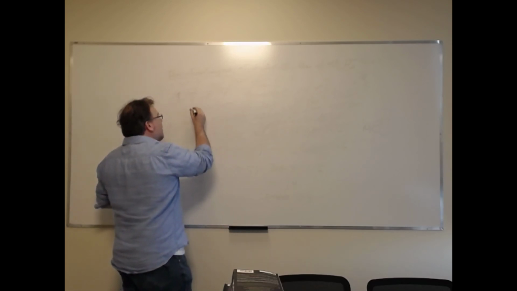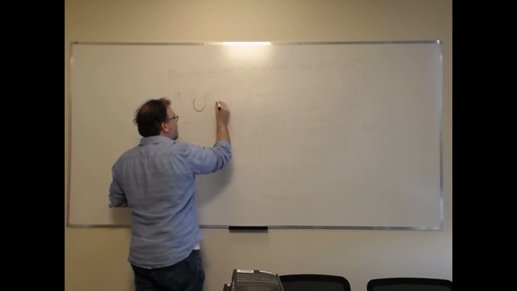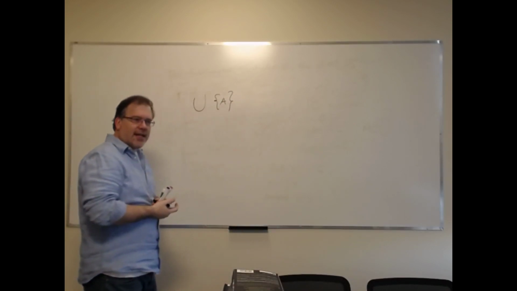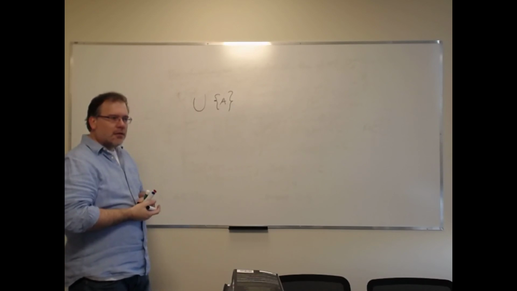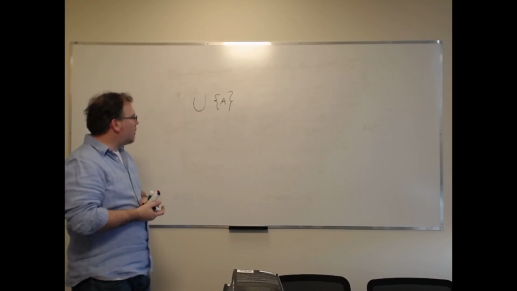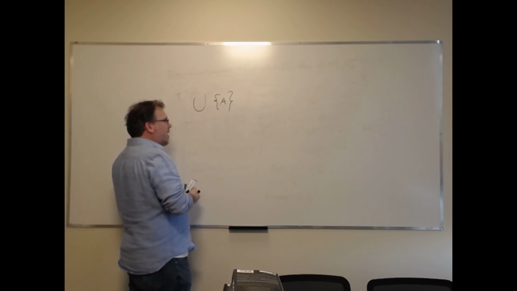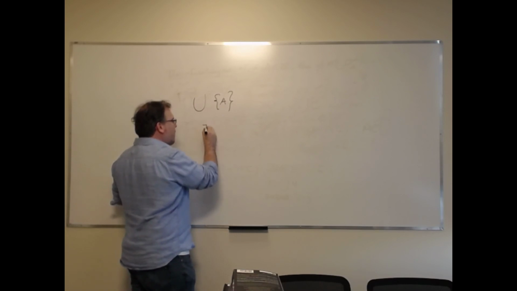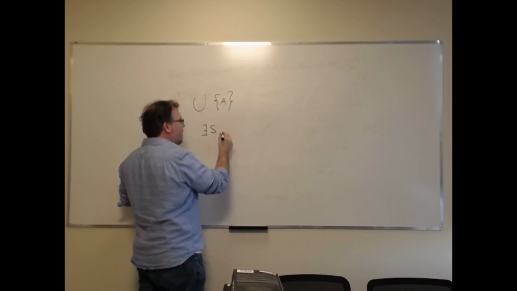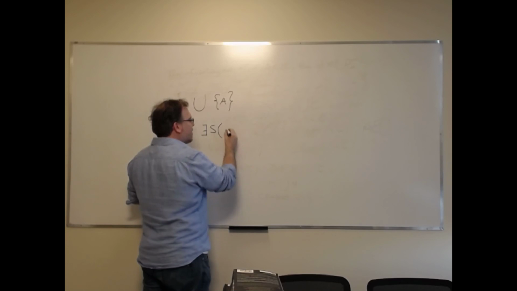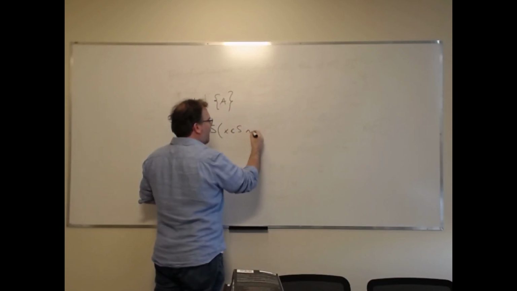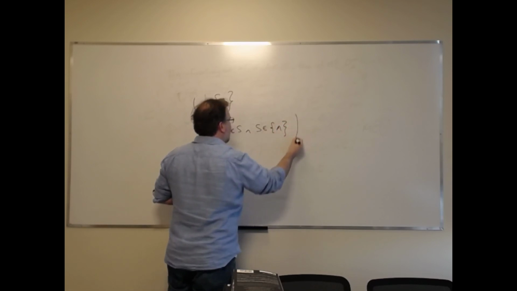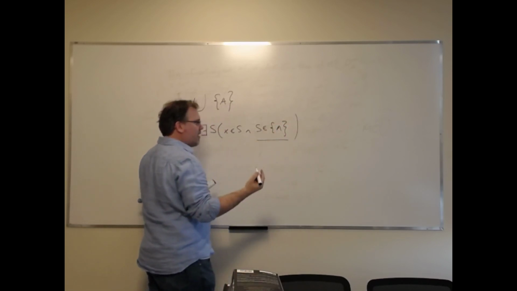Now, what about the union of a specific collection, namely the collection that contains only the set A? What would that be? Well, we have a collection that contains only A. So again, let's write our membership condition. There exists an S such that X is in S and S is in singleton A. Now, this only happens in one case.